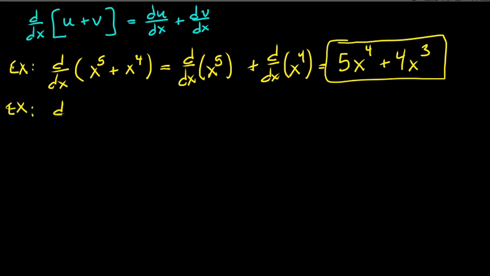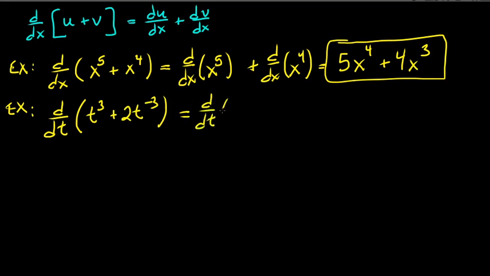How about if we want to take the derivative, let's go back to t now, of t to the 3 plus 2t to the negative 3. Okay, so we take the derivative of t to the 3 plus the derivative of 2t to the negative 3.